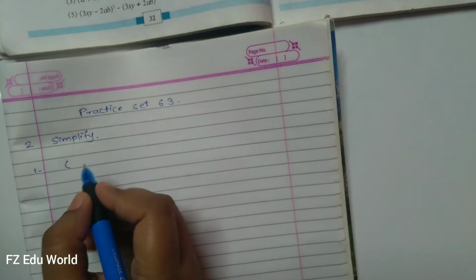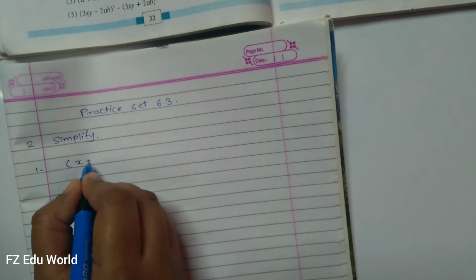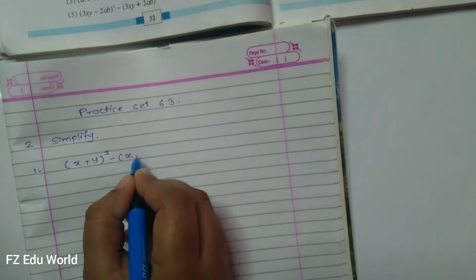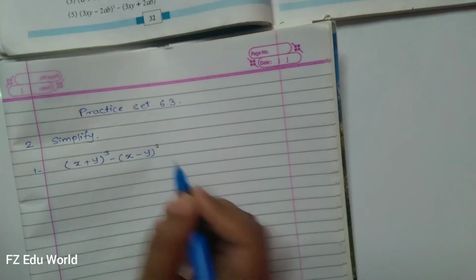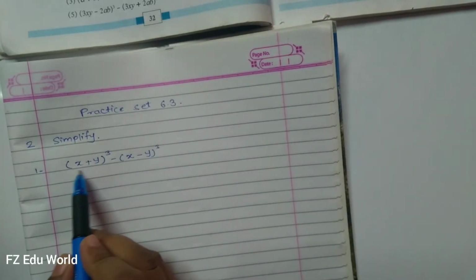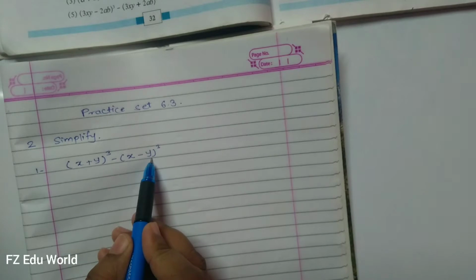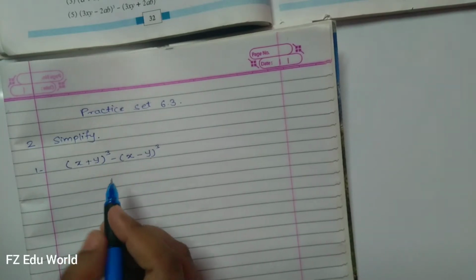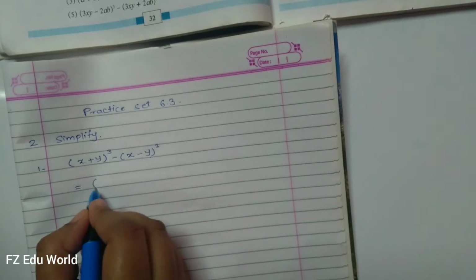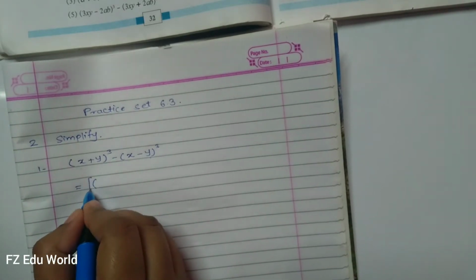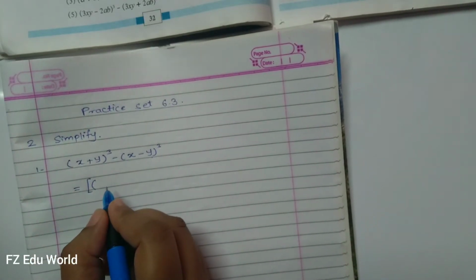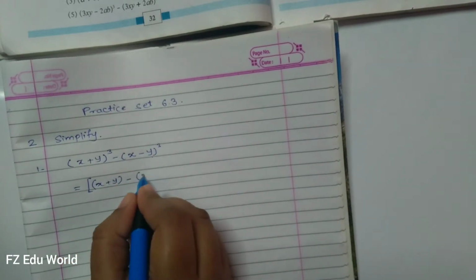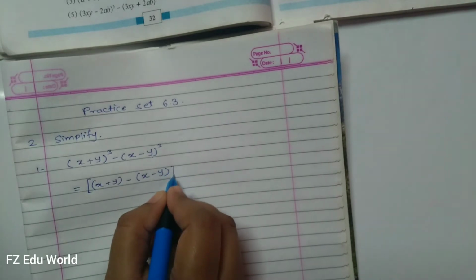Now the first question is (x plus y) cube minus (x minus y) cube. Now we will assume this a and this b, and we will apply the a cube minus b cube formula, that is equal to, in the first bracket their subtraction, that is x plus y minus x minus y.